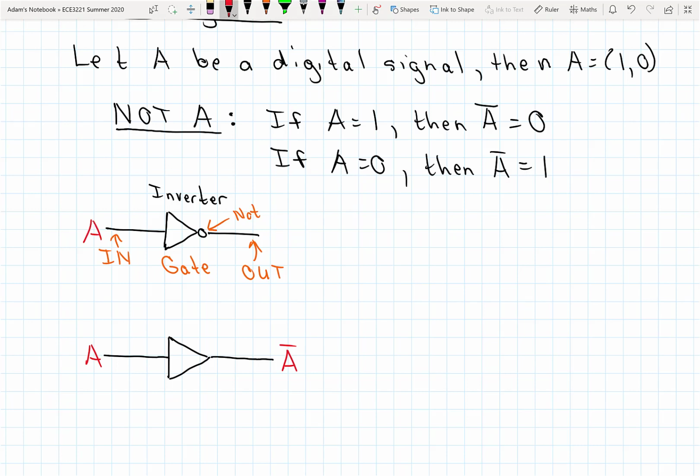Okay, so up here I put A in, I got not A out. This device that I've shown, I put A in, I get A out. Right, so no change in the signal. This is what is referred to as a non-inverting buffer.